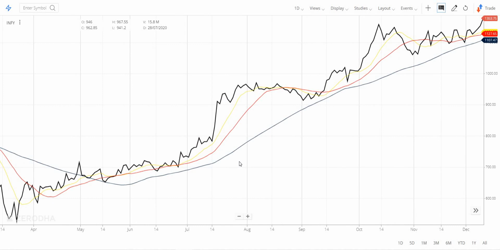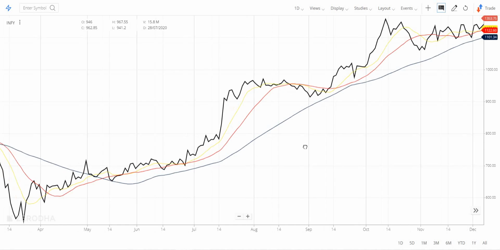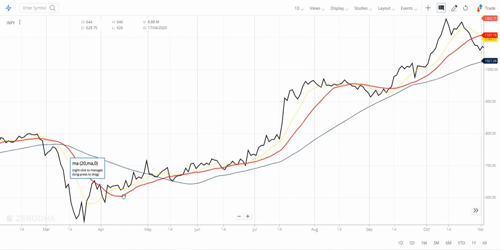Now go long when the middle moving average, the red one, our 20-day moving average, crosses above the slow moving average from below. Go long when this crosses the slow moving average, this blue one, from below and goes above. Look at this, then you can go long on the particular stock.